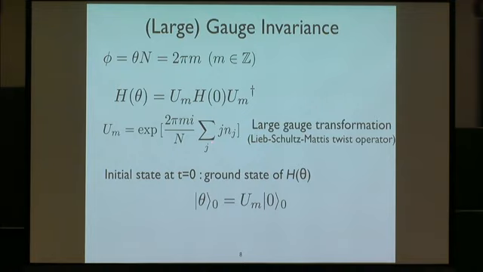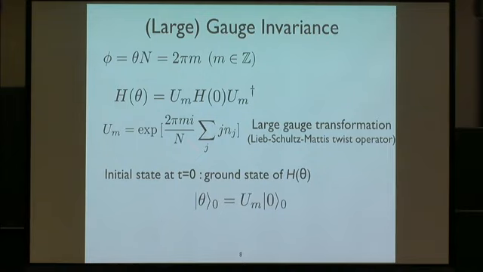And probably many of you are familiar with the Lieb-Schultz-Mattis theorem and so on. This large gauge transformation operator is nothing but what appears in the Lieb-Schultz-Mattis theorem as the twist operator. So if you apply this gauge transformation, you can map the Hamiltonian with zero flux to the Hamiltonian with some integer times the unit flux quantum inside a ring.